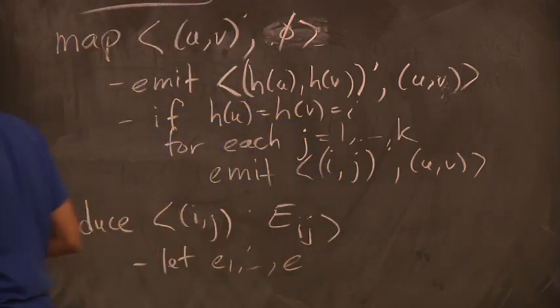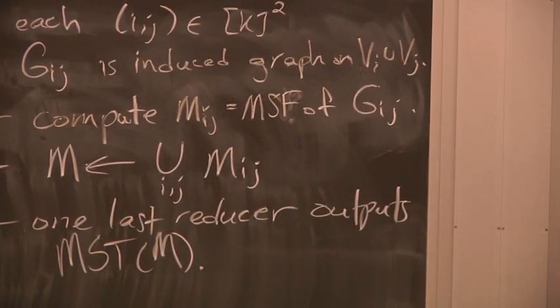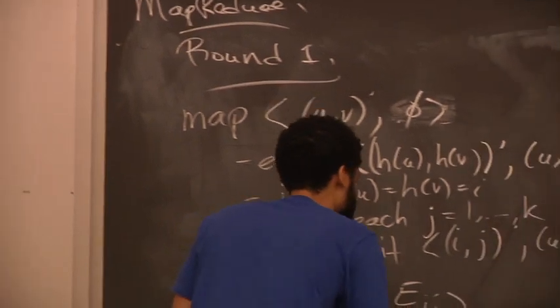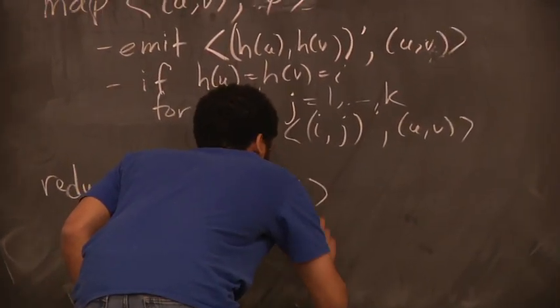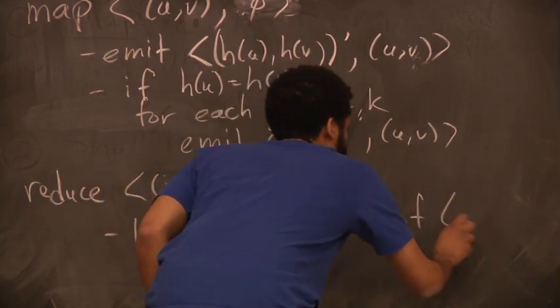So this should not really be an MST. This should really be a minimum spanning forest, because Gij might not actually be a connected graph. But let E1 up to ET be the minimum spanning forest of this Eij.